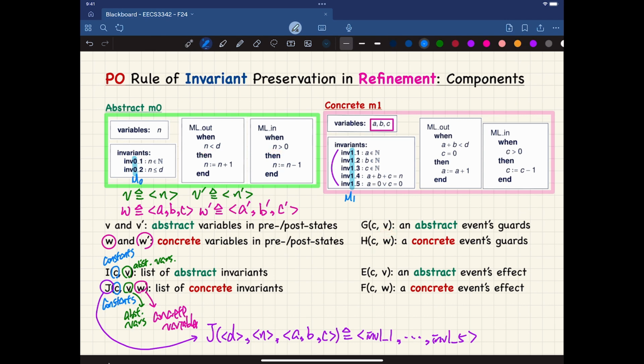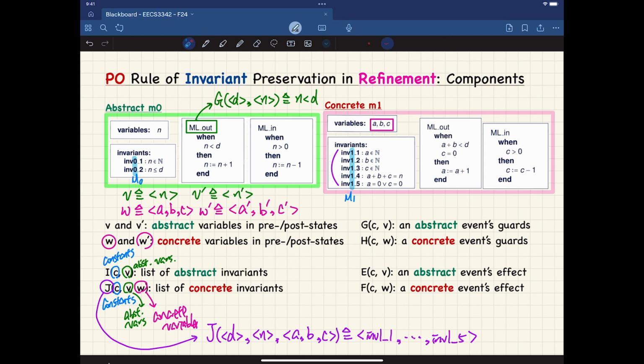So for example, if you look at the ML out over here, for this event specifically, the G, which can refer to the constant d or the abstract variable n, by definition, n less than d. That's the abstract guard.